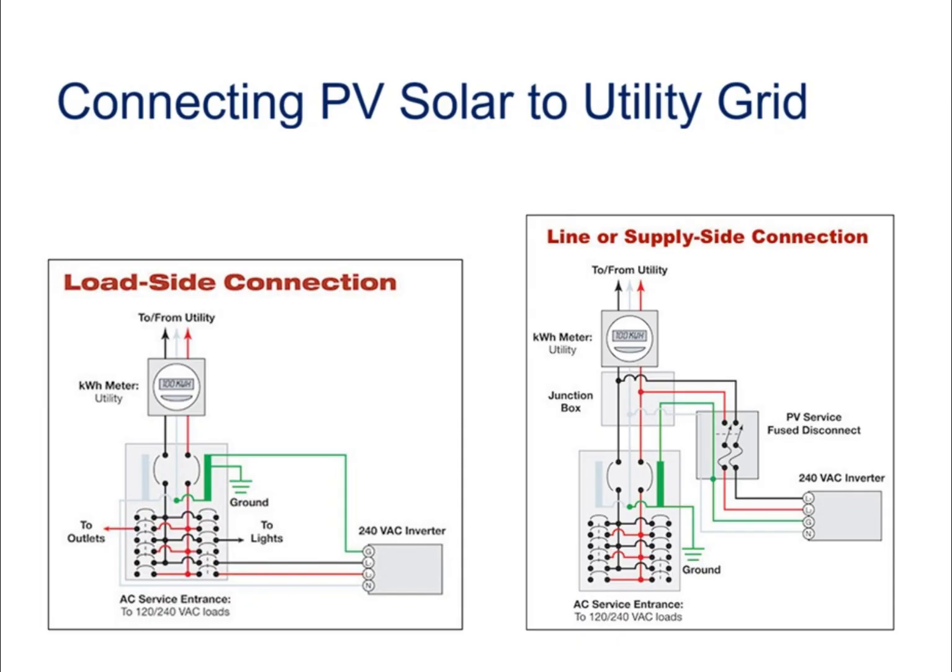If we switch over to the line or supply side connections, we see the inverter is just below the meter in that picture and above the breaker box and above the main disconnect. Also, please note that neither diagram shows the DC power coming into the inverter. That, of course, is necessary.